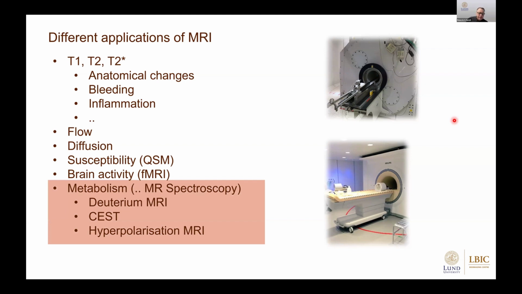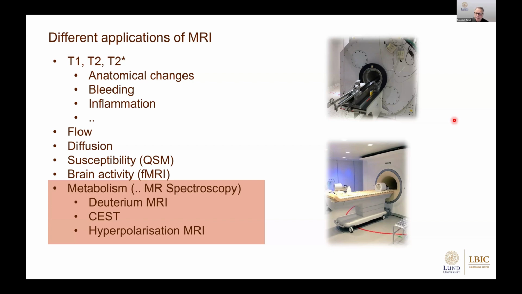MR spectroscopy is, basically, 50 years old, so there's not a lot new there, but there are some applications that have really developed in the last years. I will shortly touch on deuterium MRI, not a lot, because the time doesn't allow that today, but I will talk about CEST imaging and show a bit about hyperpolarization MRI and how it can be used.